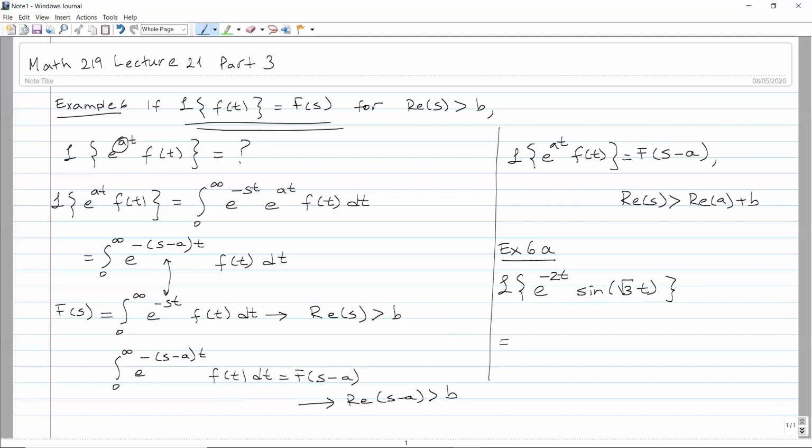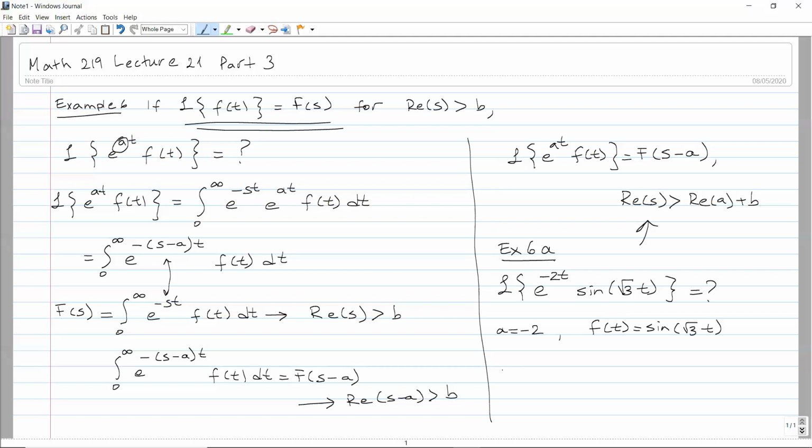So I want to use the above example. So the number a here is minus 2, a real number, my function f of t is sine square root of 3t.